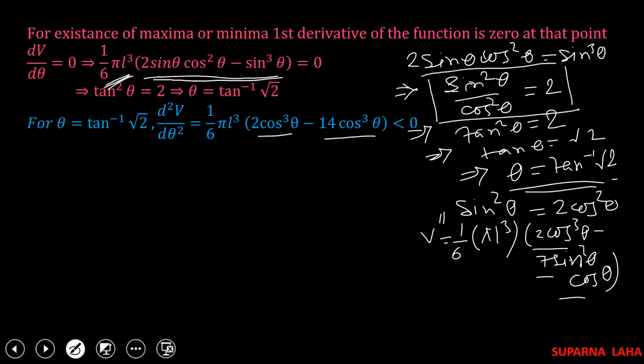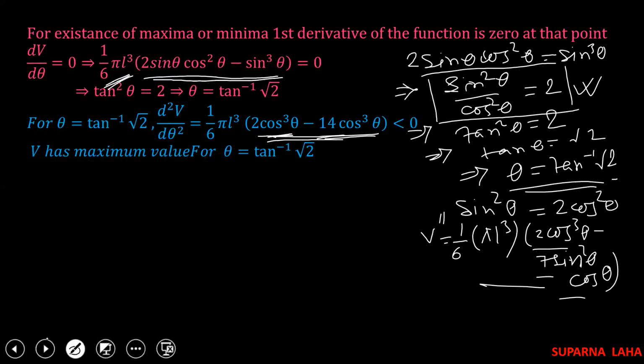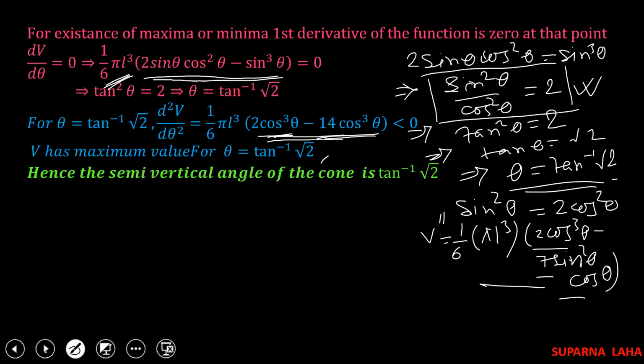You would need to convert sine theta cos theta into tan theta, or tan theta into sine theta cos theta. So directly put this value in this equation. You will find this 2 cos cube theta minus 14 cos cube theta. So from here you can easily say that this value is negative. So if this value is negative, then the volume is maximum at this point. So we already proved this: the semi-vertical angle is tan inverse root 2.